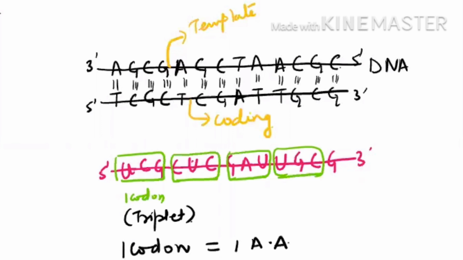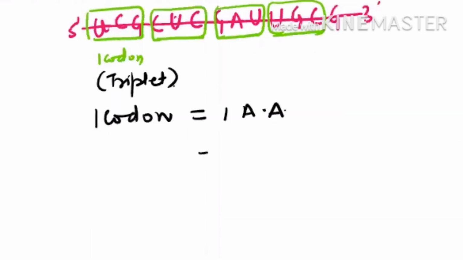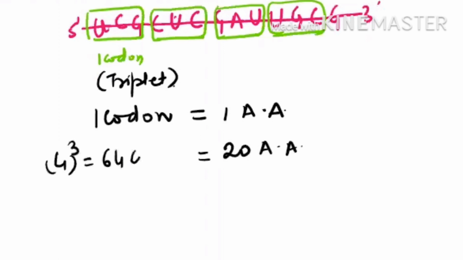Now, once again, you know very well that there are only 20 amino acids. And by this triplet concept, 64 codons were generated. So from here you can get an idea. One codon will code for only one amino acid.